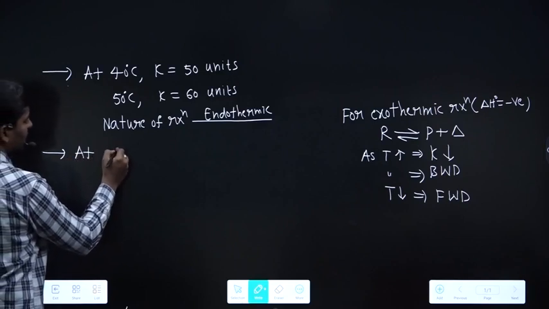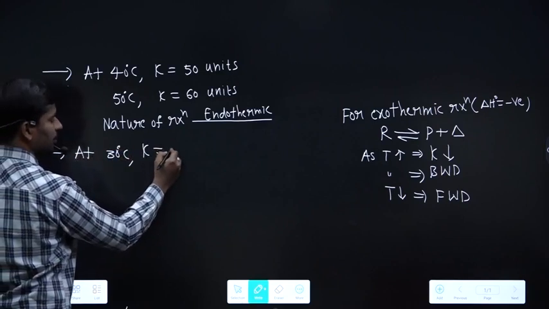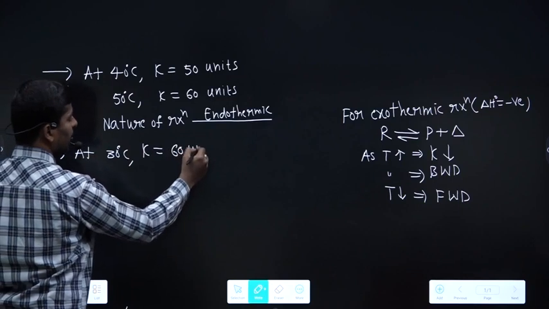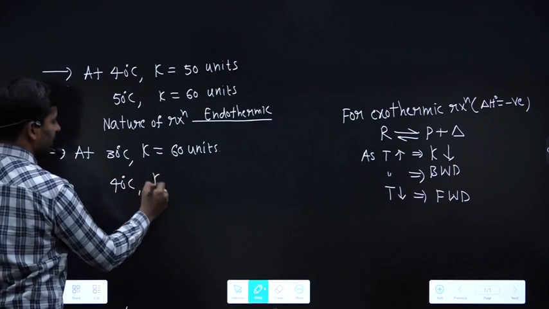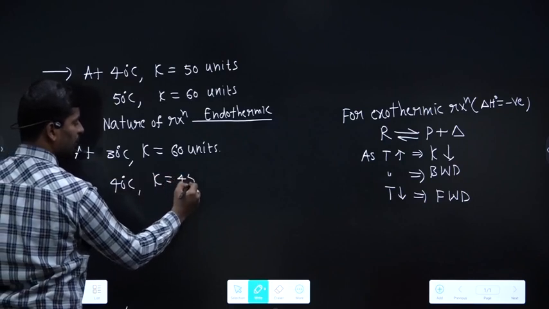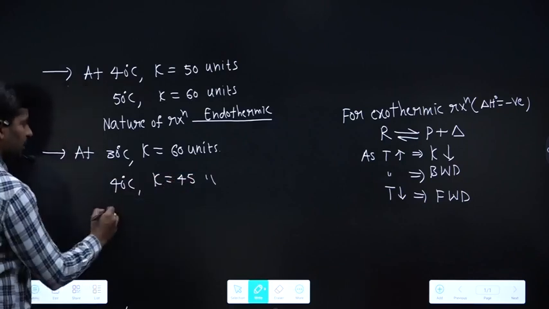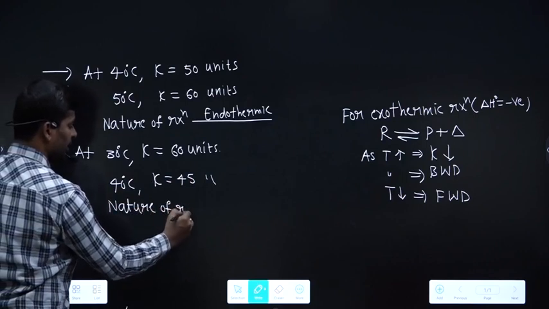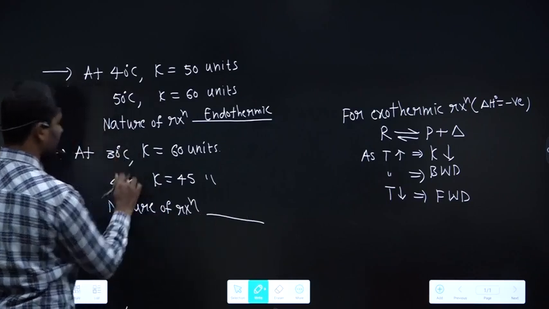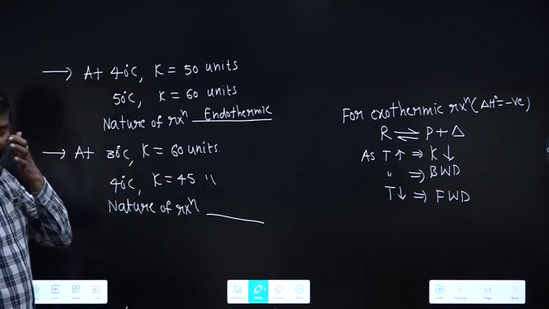For example, at 30 degrees centigrade, K value is 60 units. At 40 degrees centigrade, K value is 45 units. Now what about the nature of reaction? Nature of reaction is exothermic. As temperature increases, K value is decreasing.